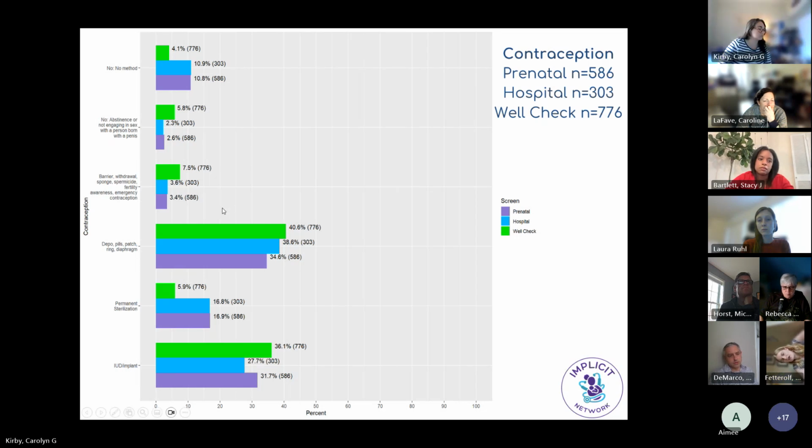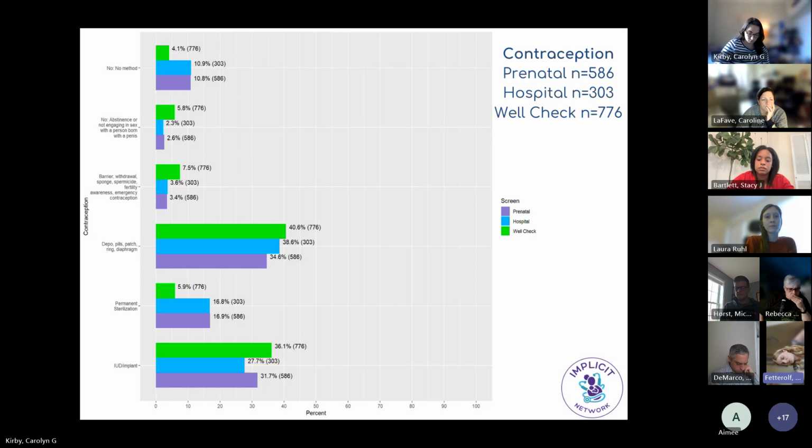So this is just one example of how we can look at our data. For the no method at the top, we have a higher percentage within the prenatal and hospital discharge Ns, but then that decreases when we get to the well check. So it's interesting to be able to compare these. This is not looking at a one-for-one, so we are not seeing here that these are the same patients that filled out the form.